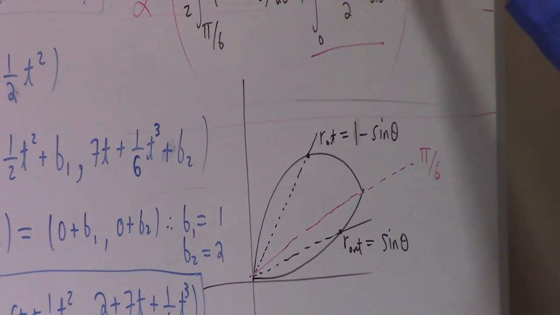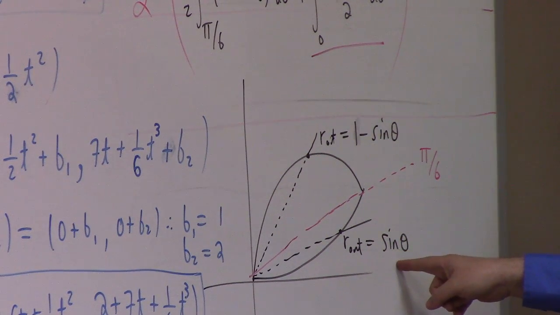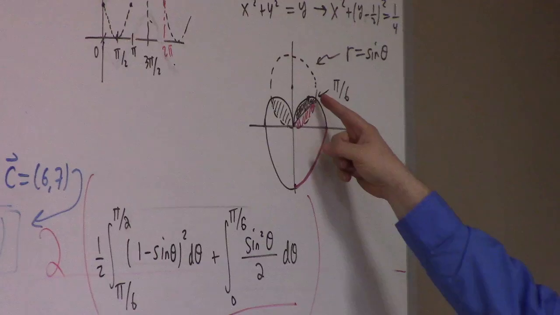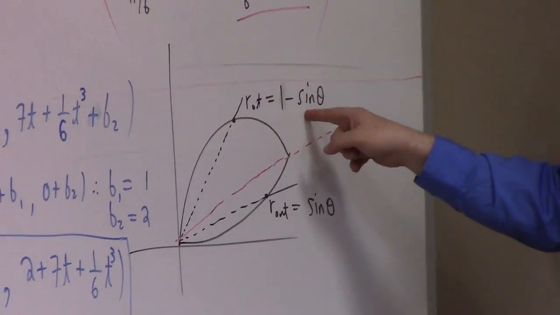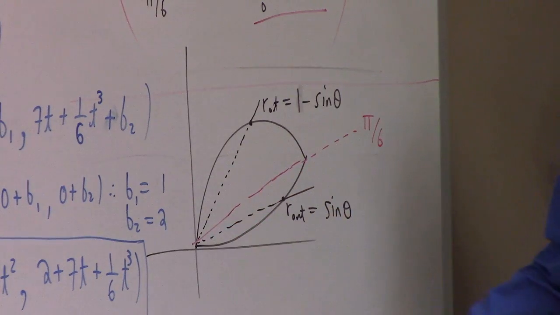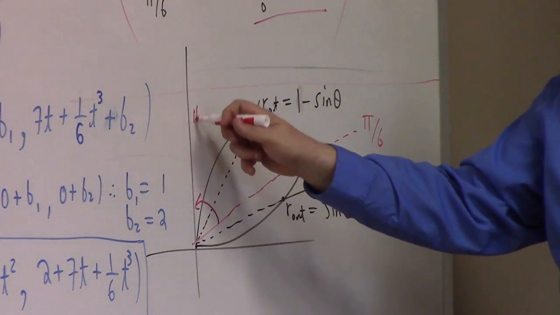But so to get the red curve, I'm down here, right? The outer radius for the red curve is given by sine theta for the red area. But the outer radius for the black area up here is given by 1 minus sine theta. So the 1 minus sine theta is good from pi over 6, right, all the way over to pi over 2.